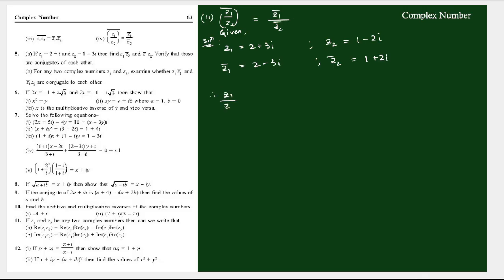So first we need to find a division z1 by z2. z1 is how much? 2 plus 3i. z2 is 1 minus 2i.